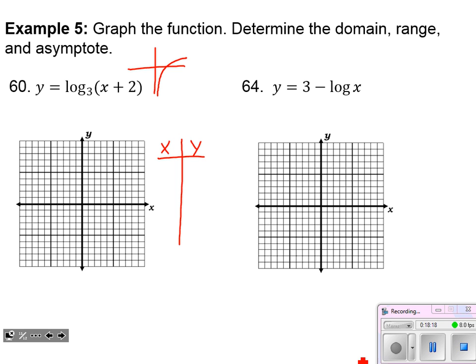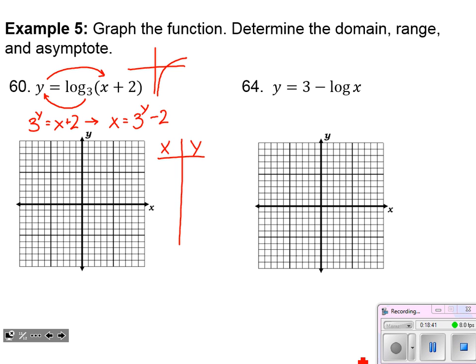The idea is I want to set up an equation that's an exponential. So I'm going to use the definition of a logarithm to do just that. So the function I'm given says 3 to the y power becomes x plus 2. And from that, I can say that x is equal to 3 to the y minus 2.